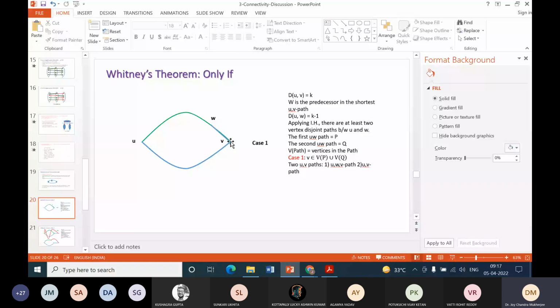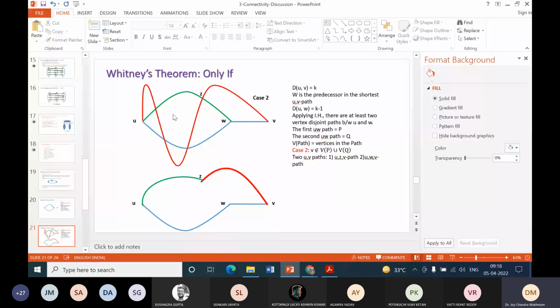Now since V belongs to this path itself, so UV में भी 2 vertex disjoint paths हैं, एक है UWV, another is UV. This is an easier case. The second case is, it may so happen this V doesn't belong to the 2 vertex disjoint UW paths. The first UW path is P and the second UW path, इसमें V doesn't exist. Okay, so there are 2 cases possible.